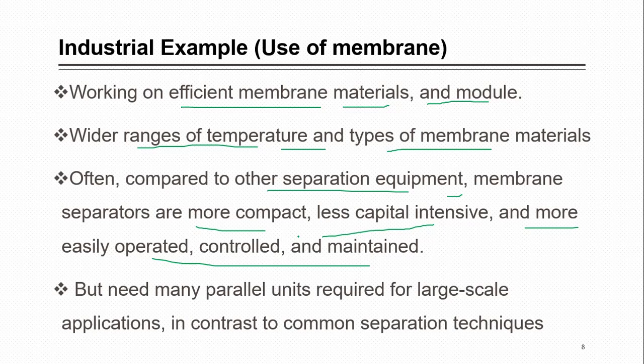This depends on the flow rates of the system, which define the capacity of the plant. So if the plant has a high capacity, you have to use more than one unit. So this is one disadvantage.